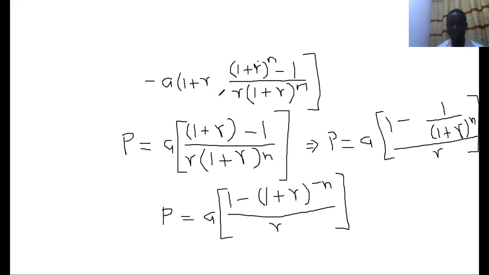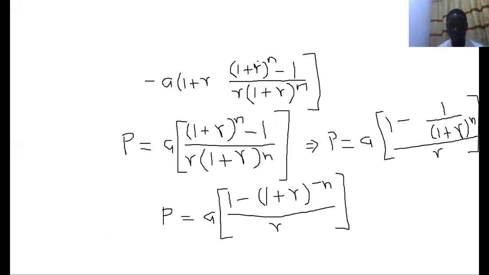And then you get all this on the right hand side, with the exception of the A. All this will give you what we call the annuity factor. So at the end of the day, it will be A multiplied by a certain figure here. So if you have something like that, then A is what? P over that figure. That's all. Then you go your way.